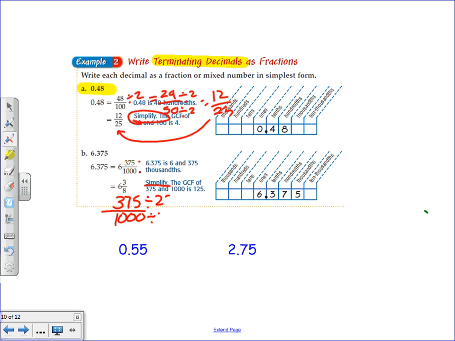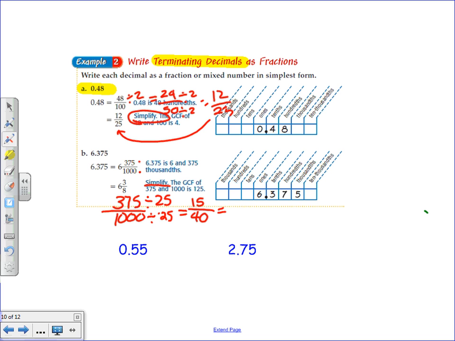I'm going to divide by 25, because I think I can in my head, but if you can't, you can just start dividing by 5. So I'm going to divide by 25. Well, I know in 100, there are 4 25s, right? In 300, there are going to be 12 of them. And I have 3 more, and that's going to be 15, so 375 divided by 25 is 15. And 1,000 divided by 25, well, I know there are 4 of them in 100, so in 1,000 there will be 40.